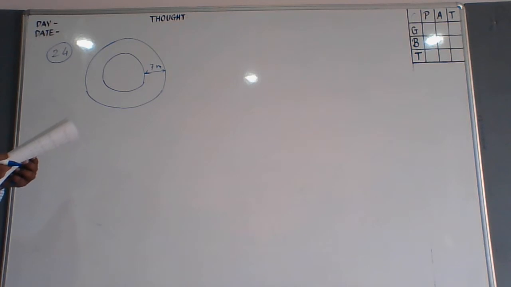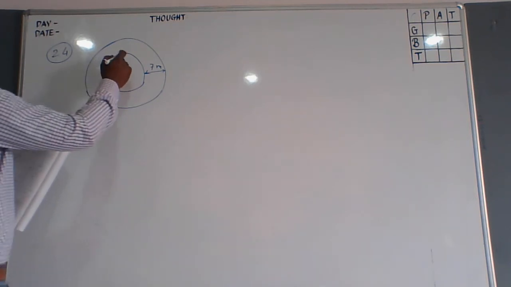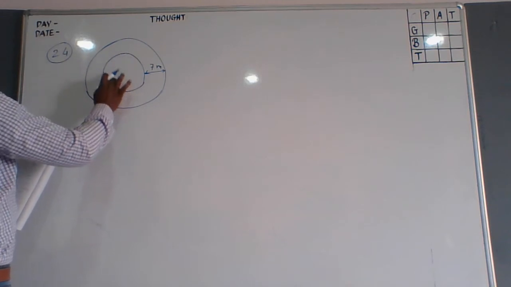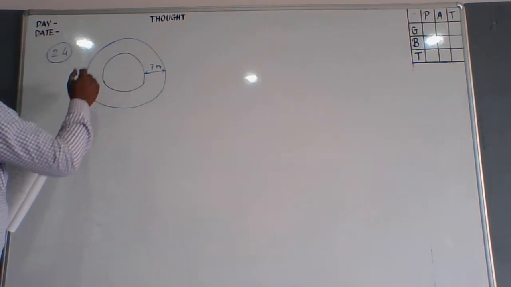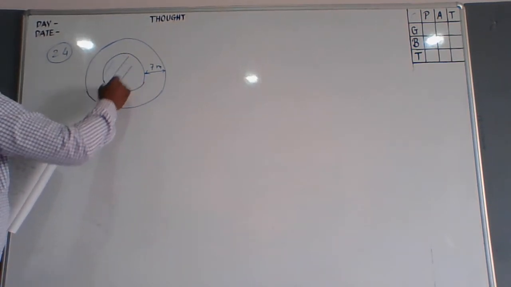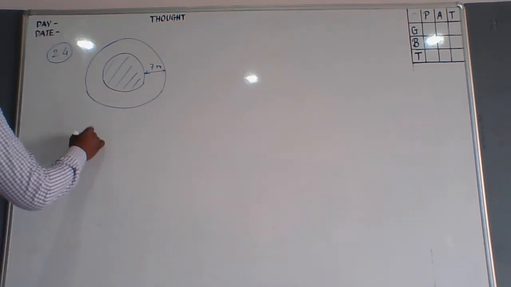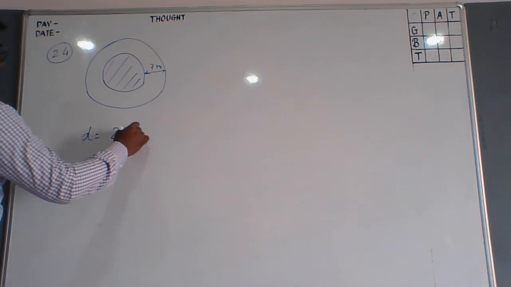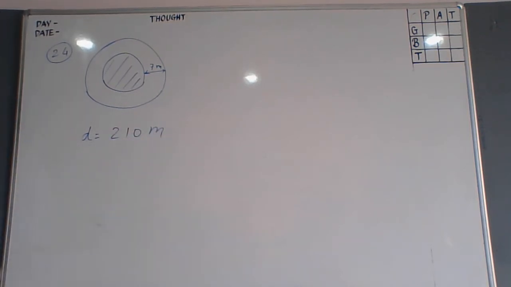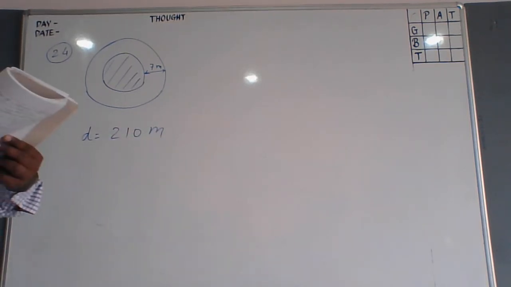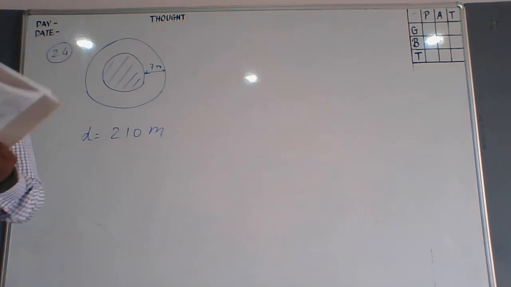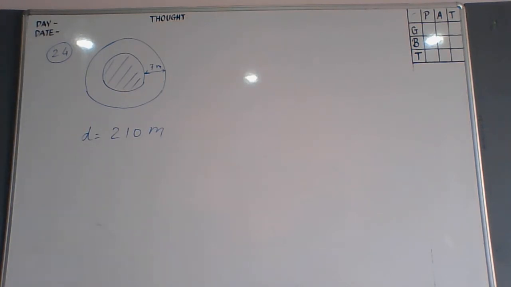Okay. Also, the diameter of this garden, the shaded portion is the garden. Okay, the diameter of the garden is 210 meter. Then our question is find out the area of path.